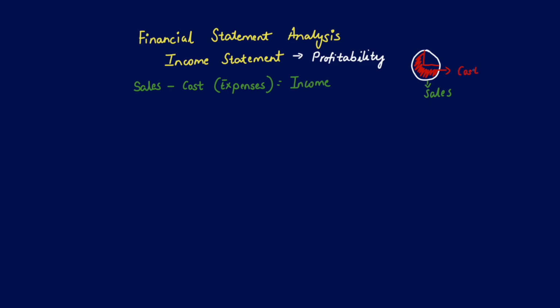The remaining slice, or the last 1/4, is what you're retaining as your income. So that's kind of your profit margin if you think about it. And this equation is the foundation, or the bedrock, upon which the income statement is built.